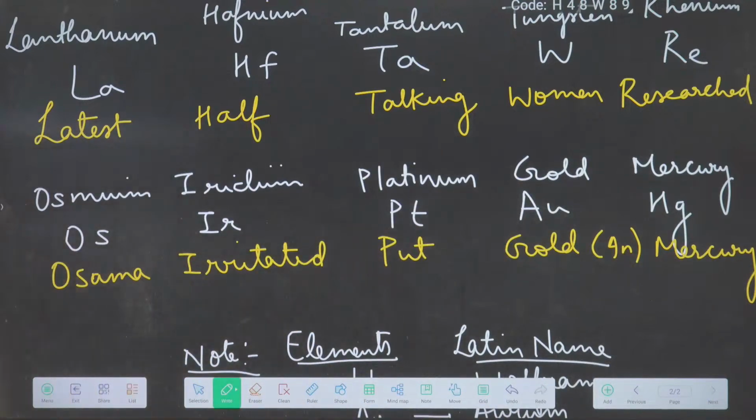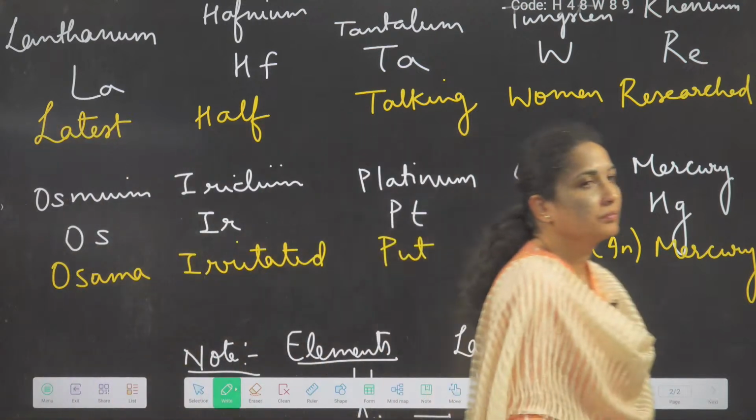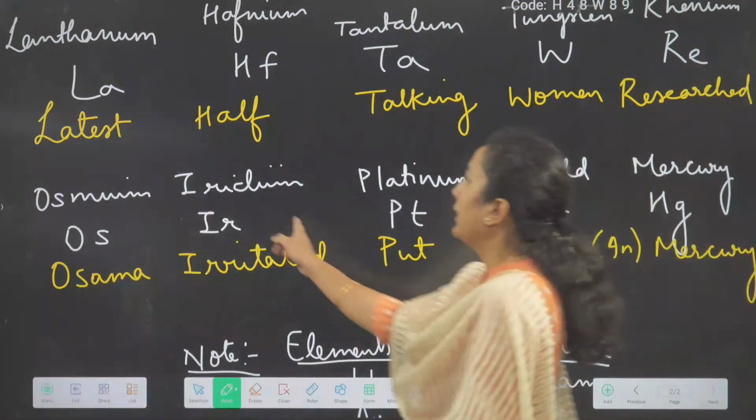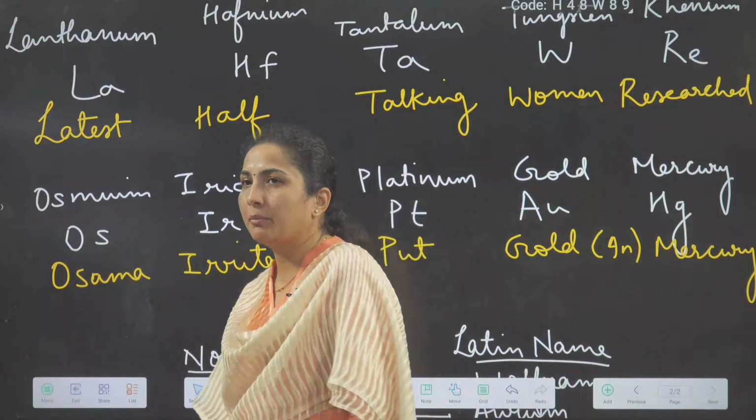Please write it down, all of you. And after writing, type in the chat box that it is done. Right? Please write down osmium first, beta, and iridium afterwards.